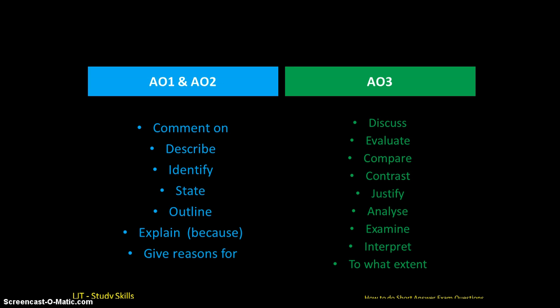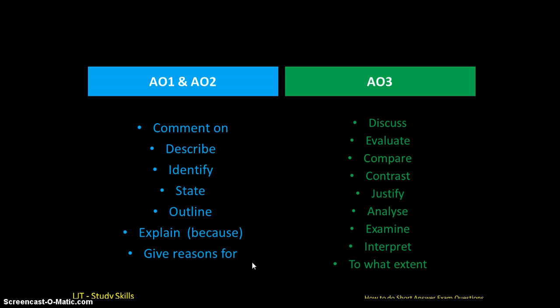Verbs. So verbs are really central in terms of you understanding and answering a question well. So in the blue we've got our AO1 and AO2 verbs. Now there's quite a distinct difference between the green and the blue. So these more simple verbs and these more demanding verbs. Comment on, describe, identify, state, outline, explain, give reasons for.